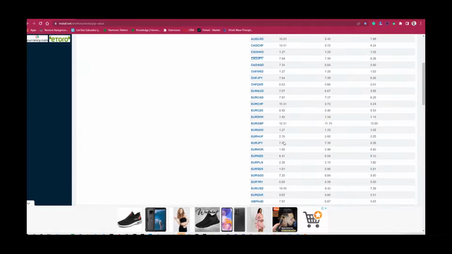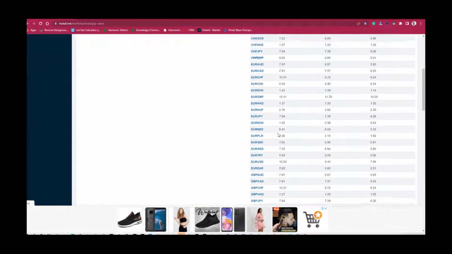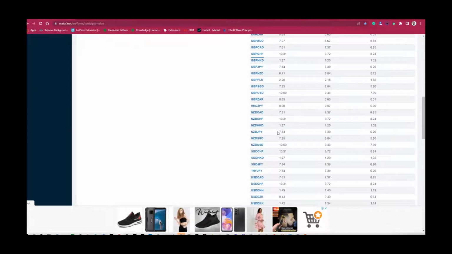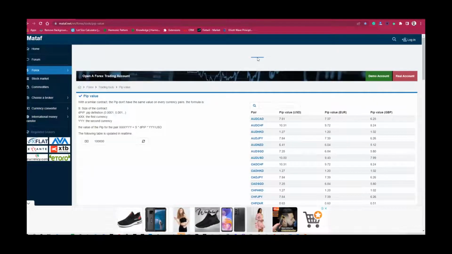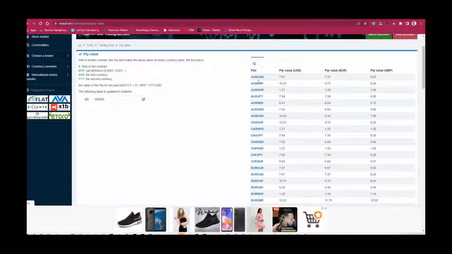So if you are looking for the pip value of a currency pair, instead of looking for it directly, just look for any one that has the same counter currency with it. For example, if I'm looking for CHF JPY and I can't find it on the top, I can just use this one.